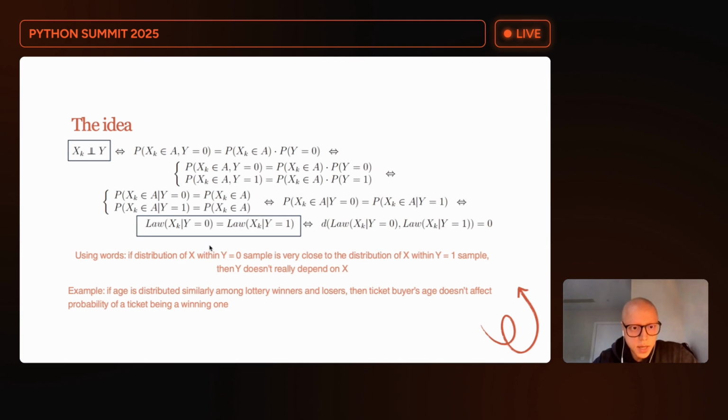So here is an example. If you, for example, take the age of a lottery ticket buyer, and then you consider the sample of people who won in the lottery and people who lost in the lottery, then if the age of the person who bought the ticket is distributed approximately in the same way in both groups, it means that age does not affect the probability of a ticket being a winning one.